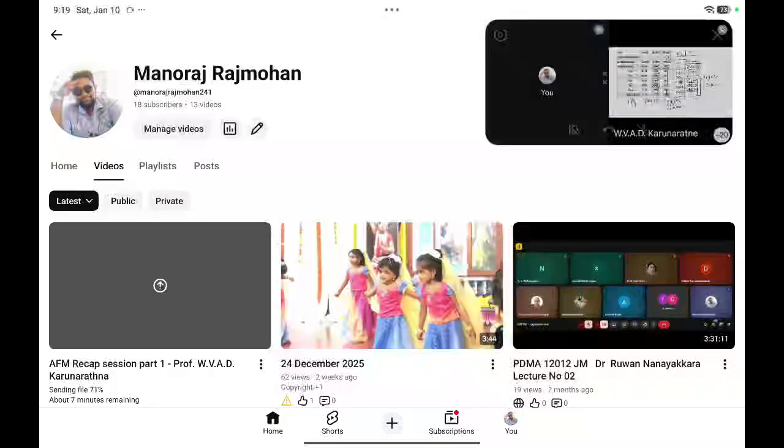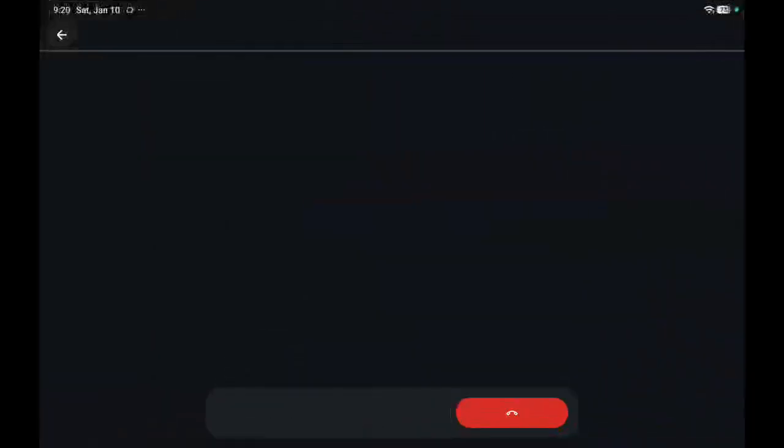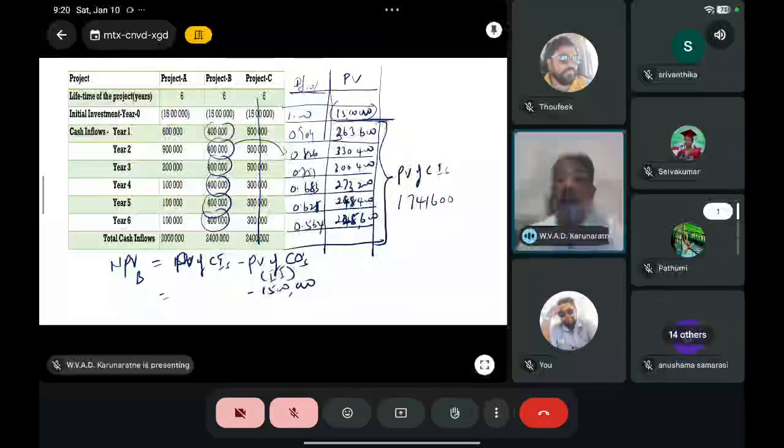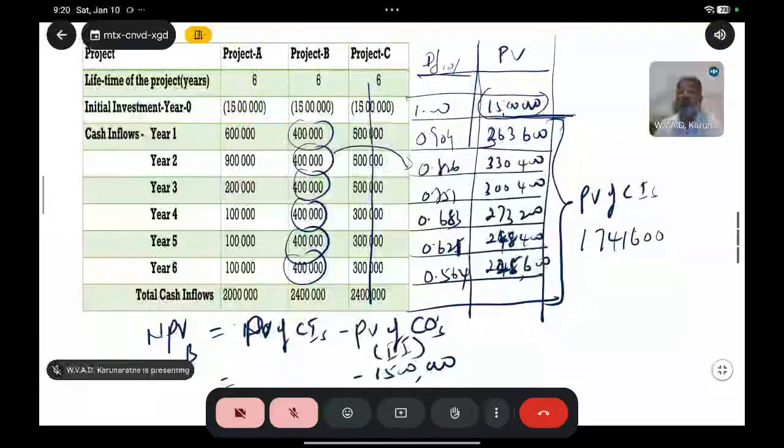That is important, because in future you will be the director or the responsible person for different organizations, working as a director or administrative officer. Then it is better to say what that amount is: 1,741,600 or otherwise 17,41,600.